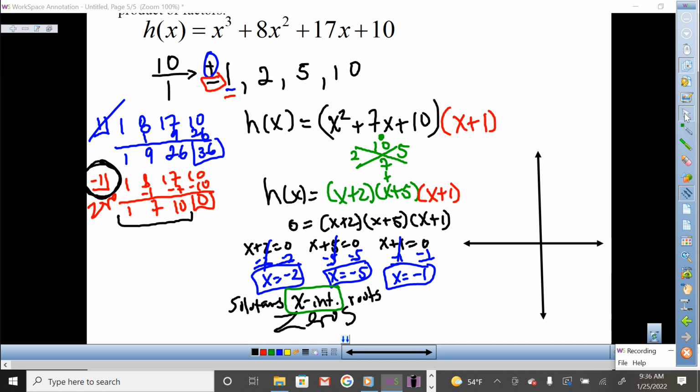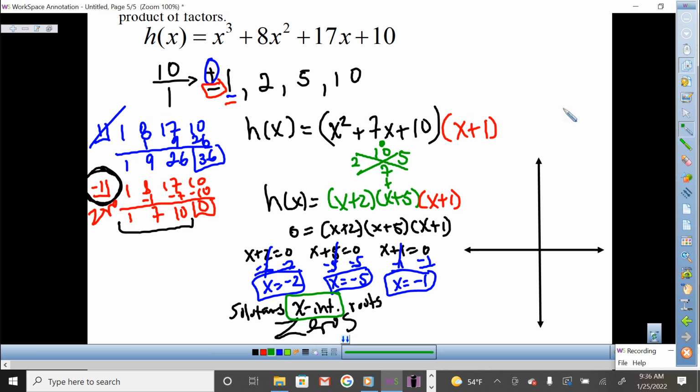Alright. So before we graph this, I want to predict where it starts and where it ends. Let's go to the original function. Look up. What would be the highest degree of this polynomial? Tell your neighbor, please. Highest degree, everyone? 3.